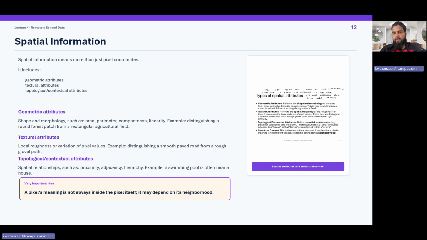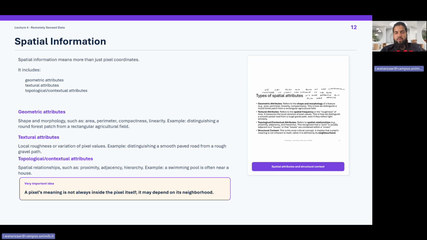It will be really easy to differentiate it by using the higher spatial information we have seen. In that case, the pixel values are lower than the object size, so it means the spatial information is dominating here. We have seen the shape and morphology in the geometric, and there are the area, perimeter, compactness and linearity.